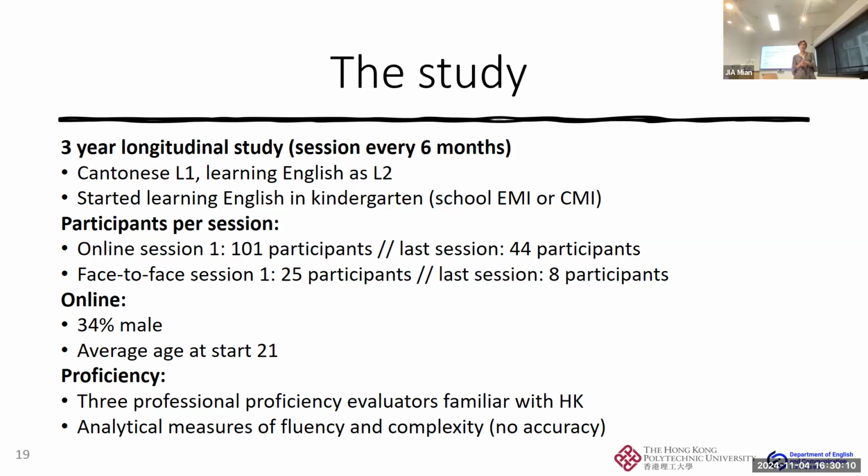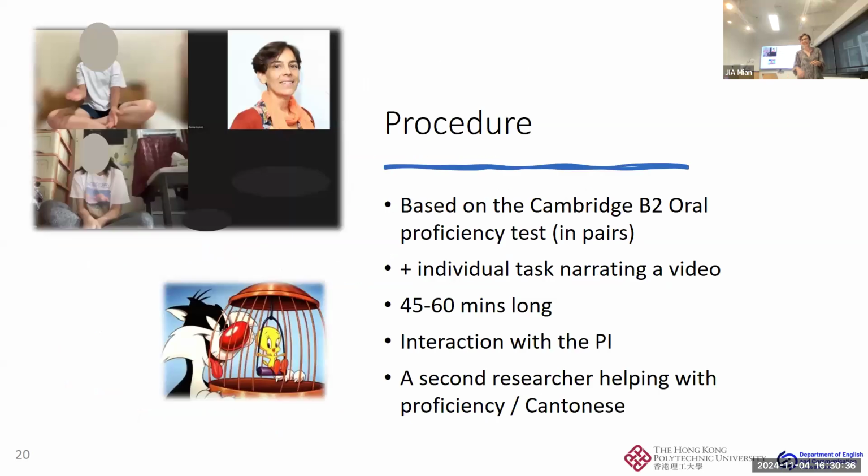For the proficiency, we asked 3 professional IELTS proficiency evaluators to evaluate the proficiency after each session based on the narrations, those narrations I mentioned before of the cat and the bird. But in addition to that, we also picked up on analytical measures of fluency and complexity, no accuracy. And I can tell you about that later in the Q&A if you're interested. So we based our sessions on the Cambridge B2 Oral Proficiency Test.